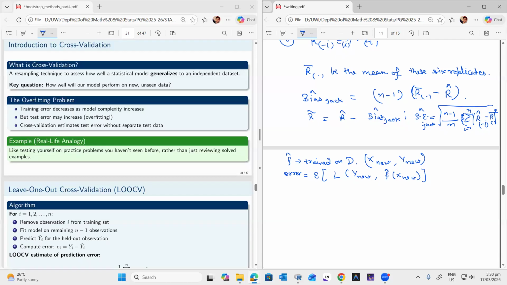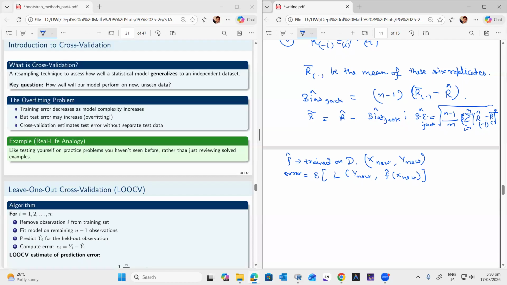Cross validation aims to provide a metric that, when minimized, guides us towards this optimal balance. It is an empirical way to approximate the integral over the true unknown data distribution.